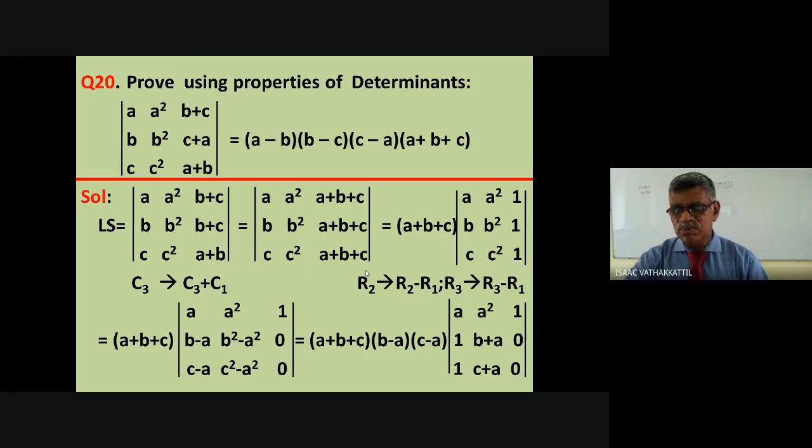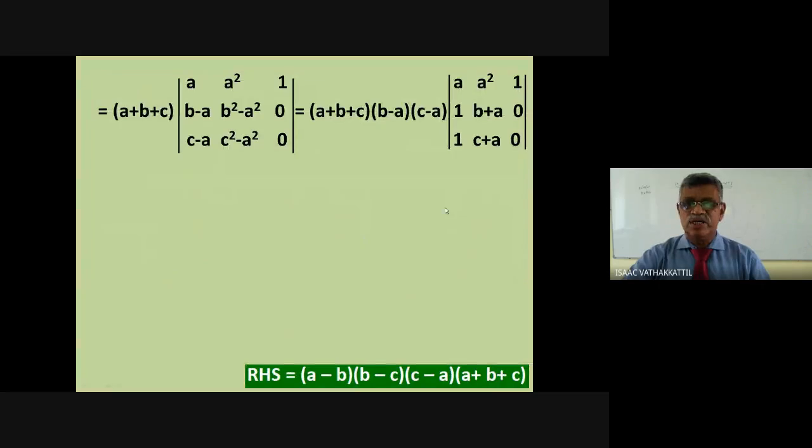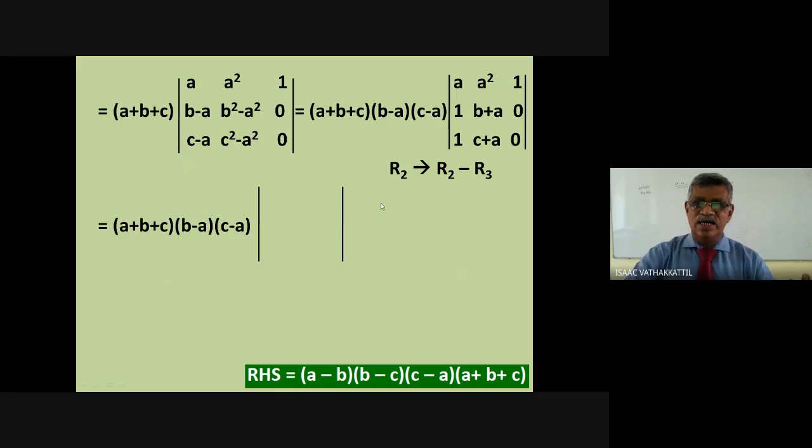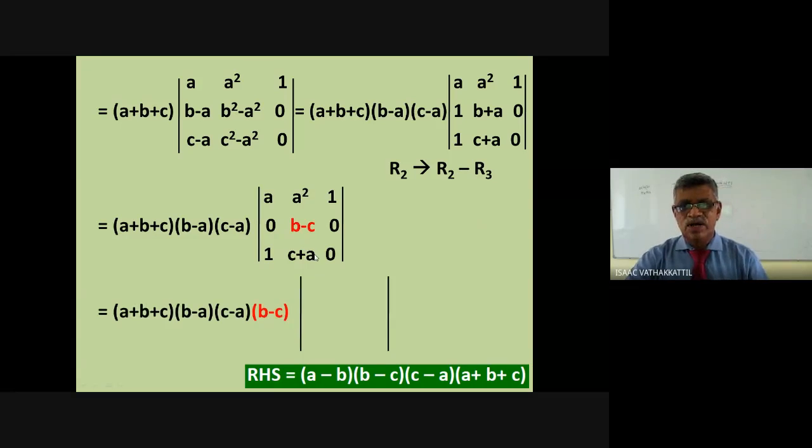I don't know what to do. See now, further what will you do here? Further you can see that what you need on the right side is here. R2 changes to R2 minus R3. We have done it, and then again that becomes 0, B minus C, 0 and 1, C plus A, 0. B minus C is taken out, right? B minus C is taken out, and you are getting it.